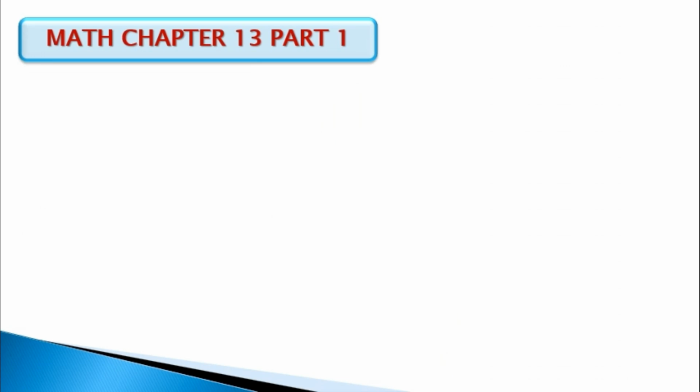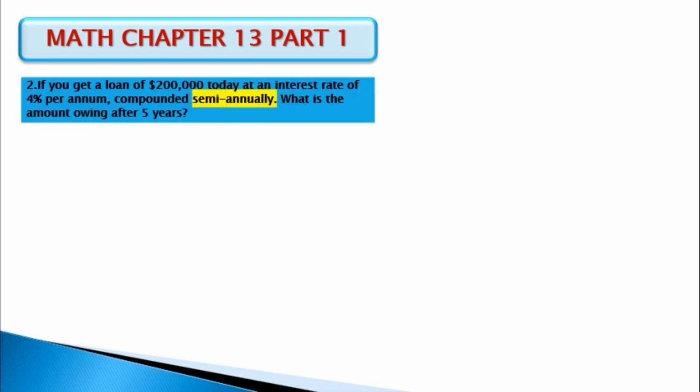Example 2. Now we have a loan, again, of $200,000. In this question, we have the interest rate still as 4% per annum, but now it's compounded semi-annually. I told you the hardest part of this course is dealing with semi-annual interest rates and so on.